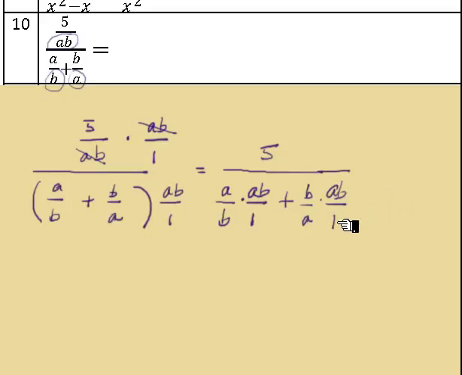And once I do that, now I'll cross off common factors. All right, so this B cancels with this B, and this A cancels with this A. And we see that we're left with 5 in the numerator and A squared plus B squared in the denominator.